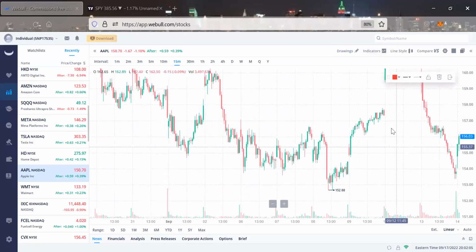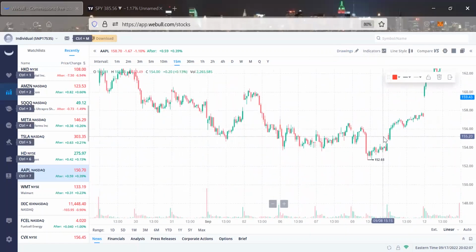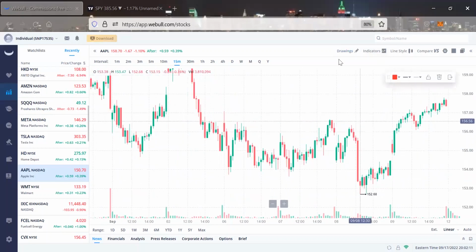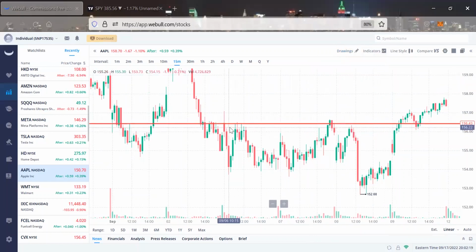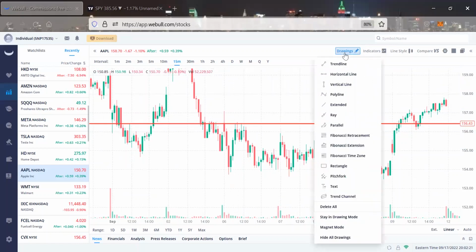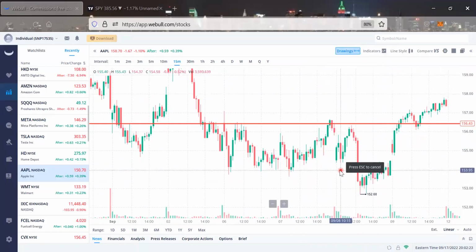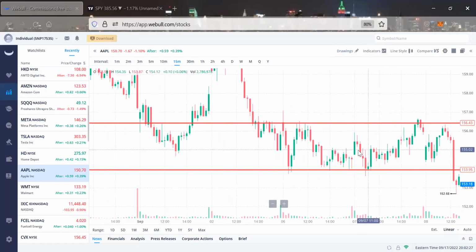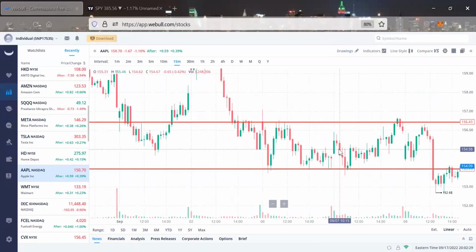Once again, we're here on Apple 15-minute. We have a great example here, so let's understand what goes on. We can see right here we have an accumulation. If we mark it down, boom, we have an accumulation right there. Let's say we don't even see this, but we do. So what happened in the phases of the accumulation?